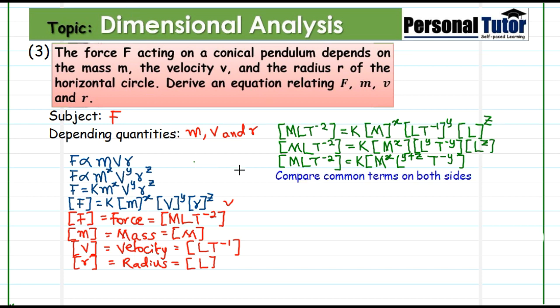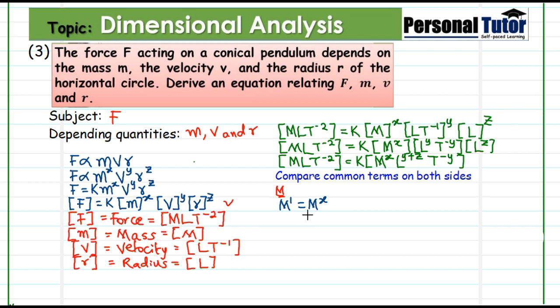Let's start with the M. On the left hand side, M carries a positive 1. M to the power 1. But on the right hand side, M carries an x.